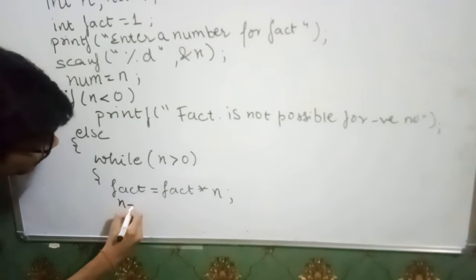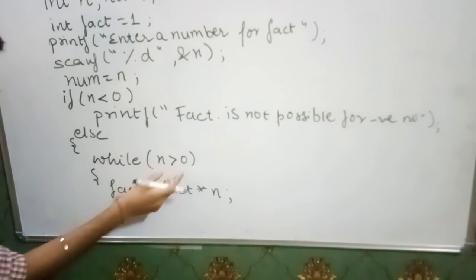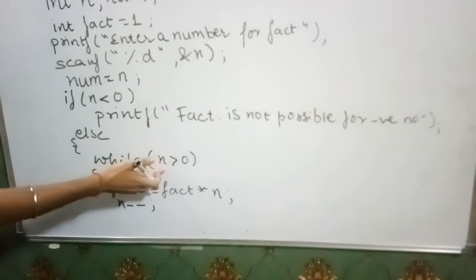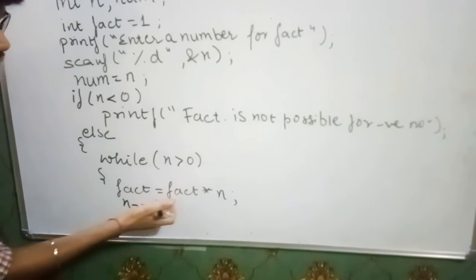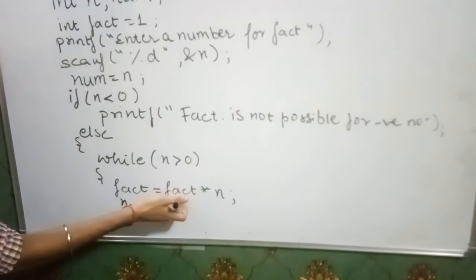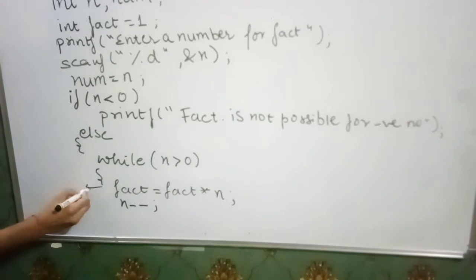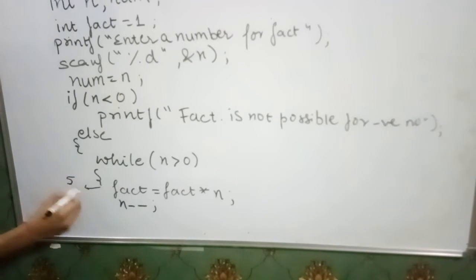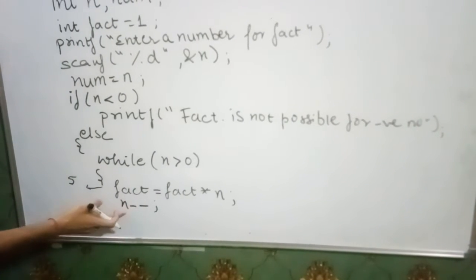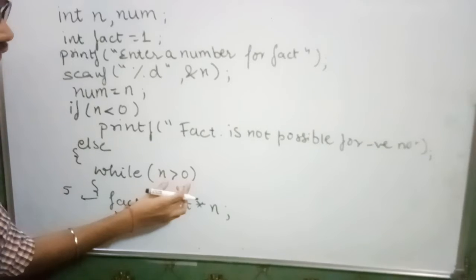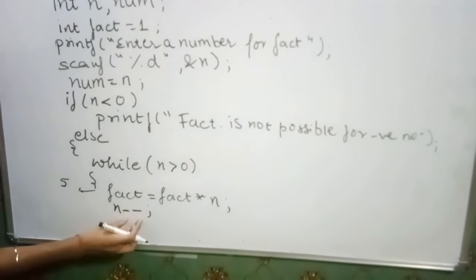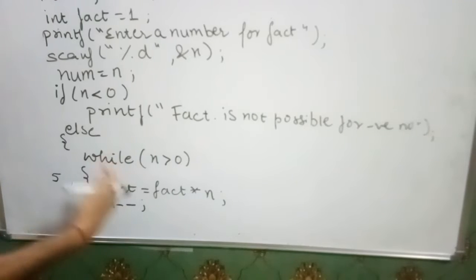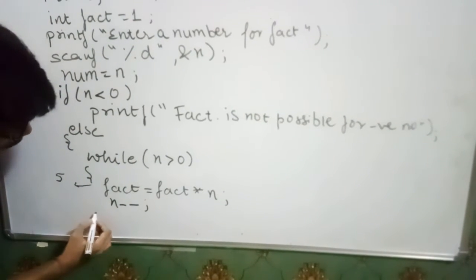And then we are decrementing n, because for example you have n as 5. 5 is greater than 0, so it will get multiplied with 1. Fact will store 5. So n should be minus minus. Why? It has to go till the condition becomes 0. If it is n plus plus, then it will be an infinite loop. So that we don't want.